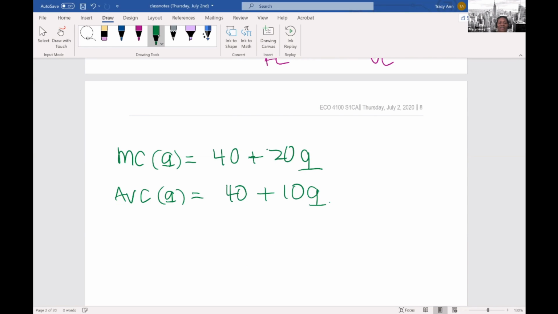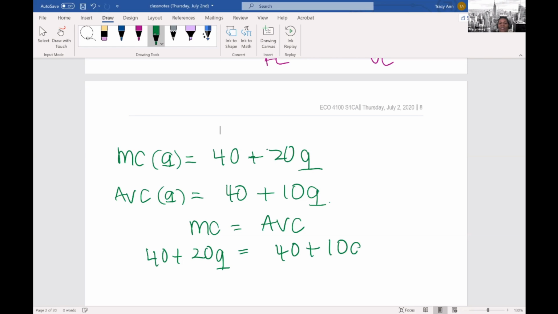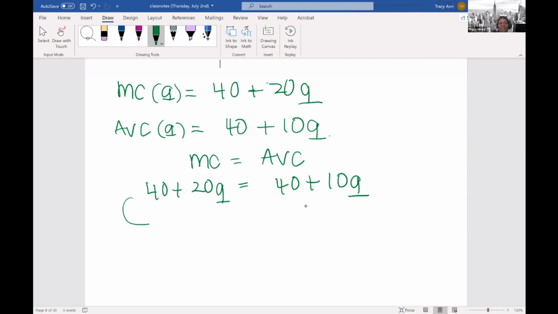When I set the two equal, we're going to realize that Q is equal to 0. Let me do it properly. So if I set both equal to each other, I have 40 plus 20Q is equal to 40 plus 10Q, right? So from this, I'm going to get Q is equal to 0.